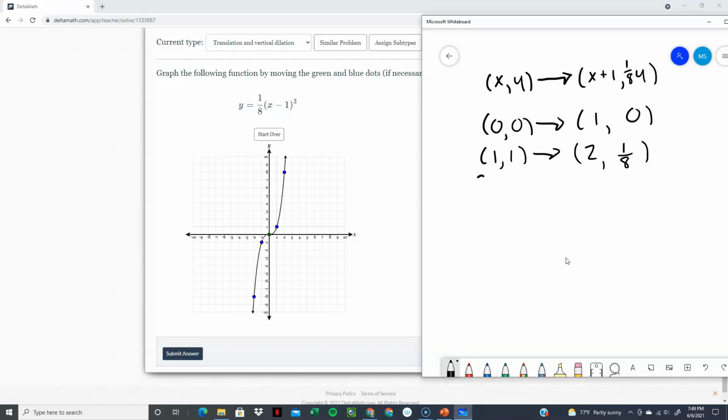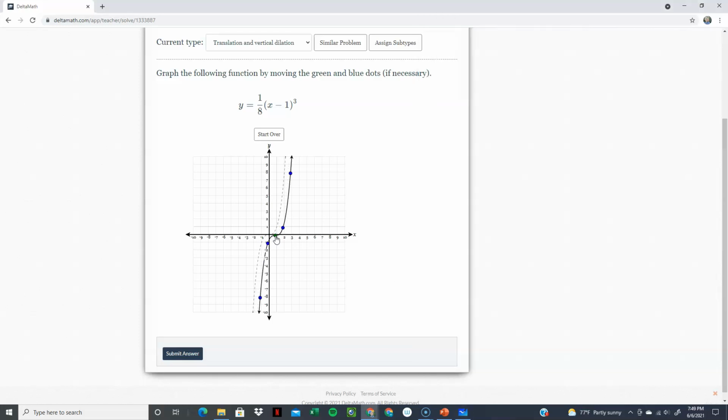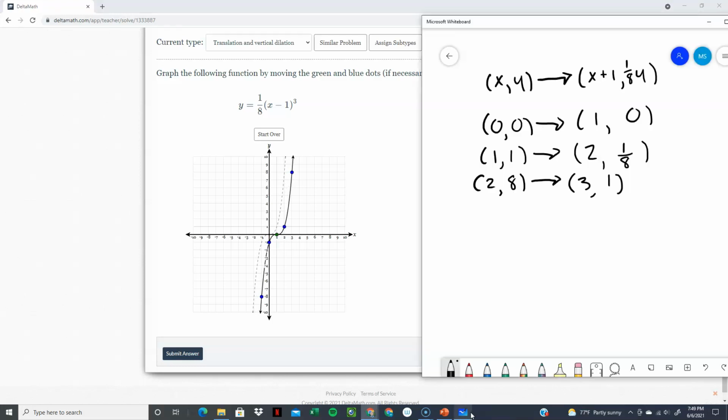So let's see where that one ends up. (2, 8): 2 plus 1 is 3, and then 8 times 1/8 is 1. So that is where that point ends up. So again, our green point moves over here, and then this blue point ends up at (3, 1).